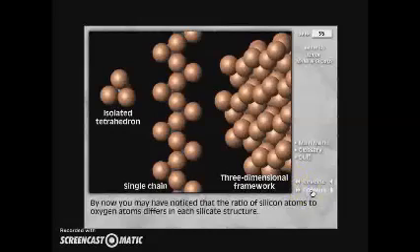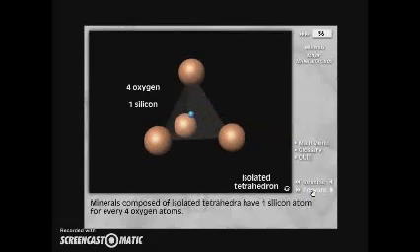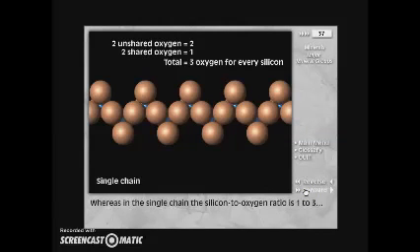By now you may have noticed that the ratio of silicon atoms to oxygen atoms differs in each silicate structure. Minerals composed of isolated tetrahedra have one silicon atom for every 4 oxygen atoms, whereas in the single chain, the silicon to oxygen ratio is 1 to 3.